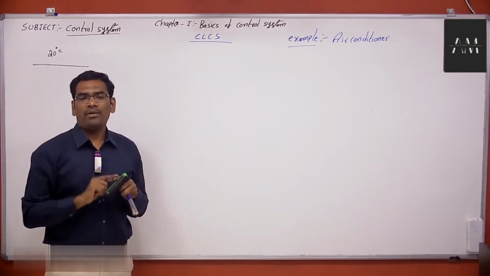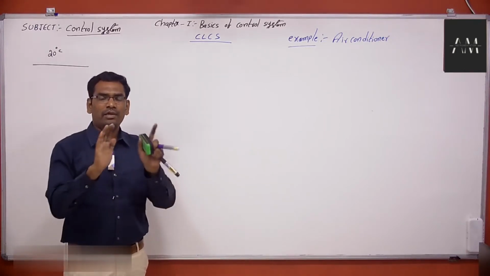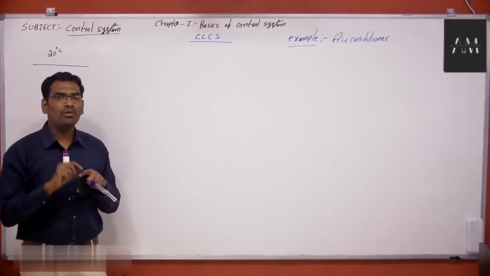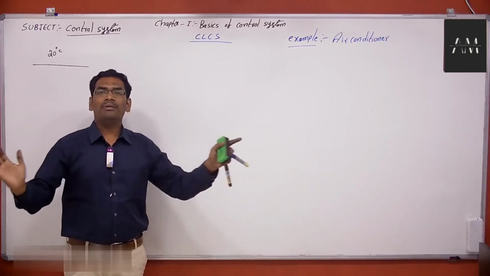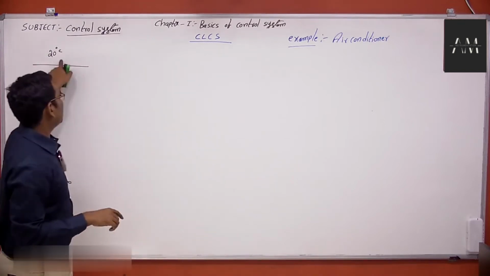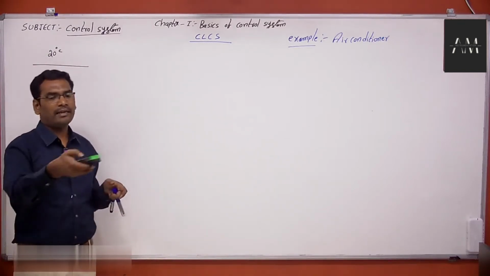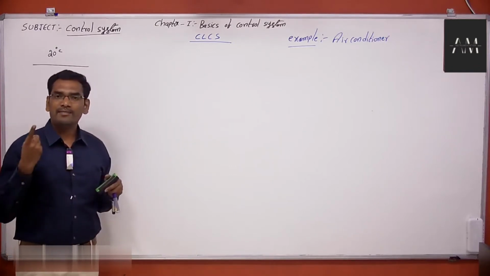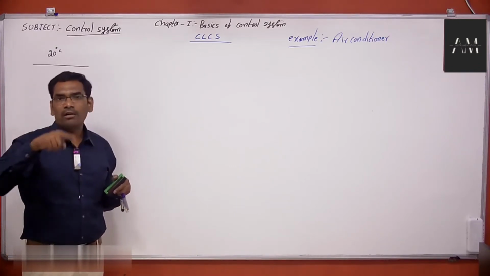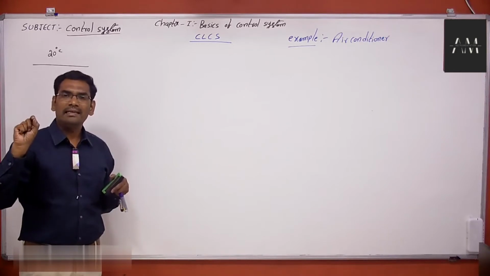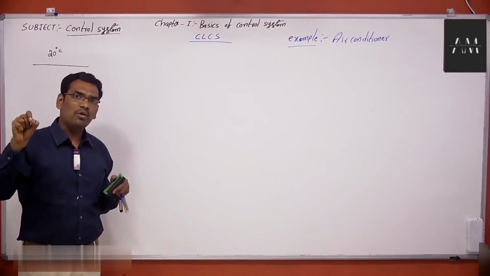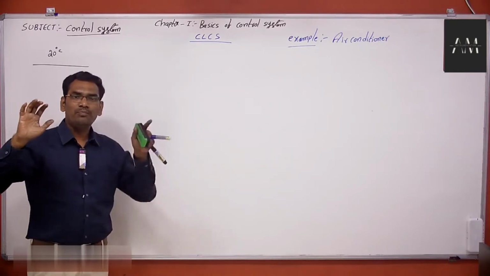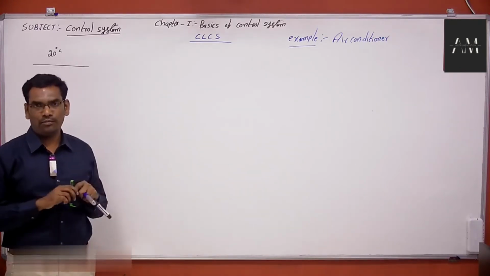With respect to your point of view, that 20 degrees centigrade temperature is your target, your aim, your goal. You are expecting that the room temperature should be 20 degrees centigrade. That is the desired output, a goal, a target. You are expecting that temperature to be present in this particular room. Is it right or not?